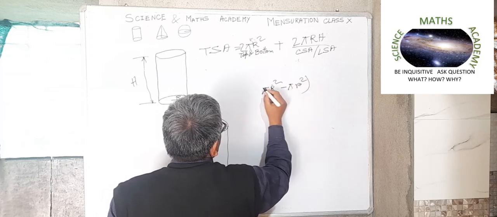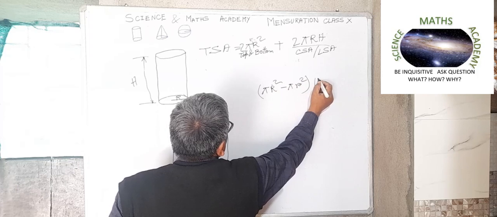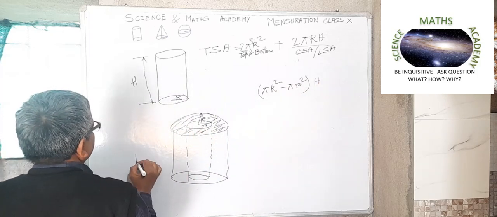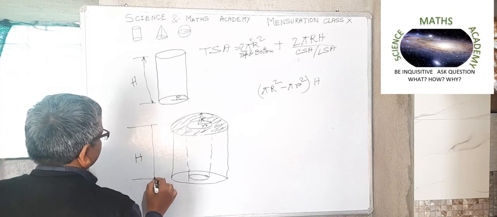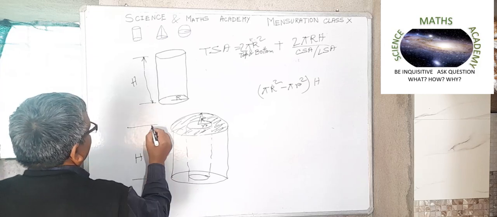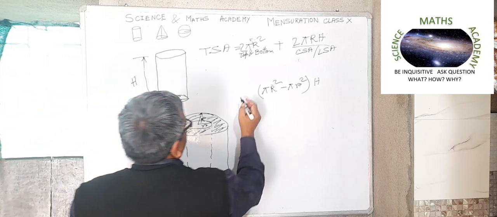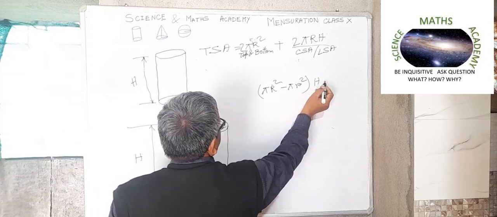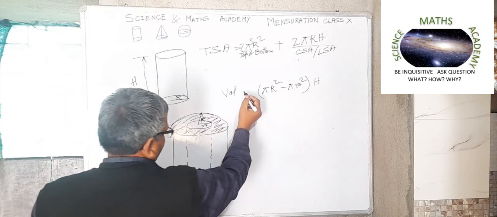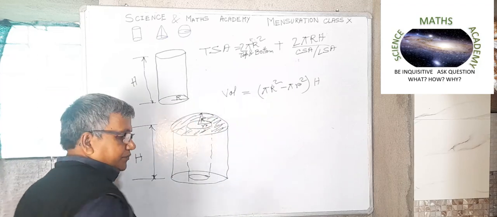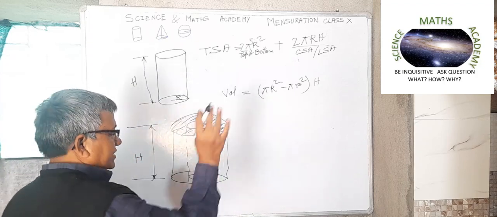This is the cross sectional area into height h. Finish. This is height. Now this is cross sectional area into height. This will be the volume. Volume of a hollow pipe, hollow cylinder, will be this.